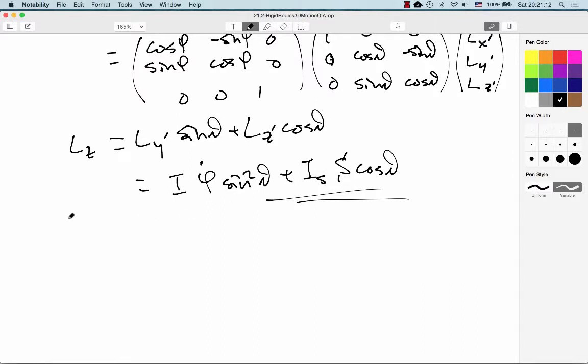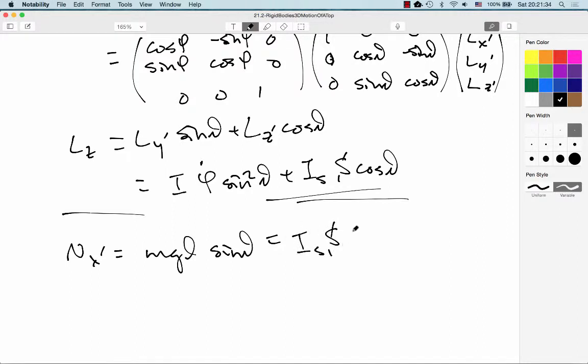Okay, so now that we've milked the N y prime, we're left with the N x prime equation, which you know is equal to mgl sine theta, and we note that that is I_s s phi dot sine theta minus I phi dot squared cos theta sine theta.